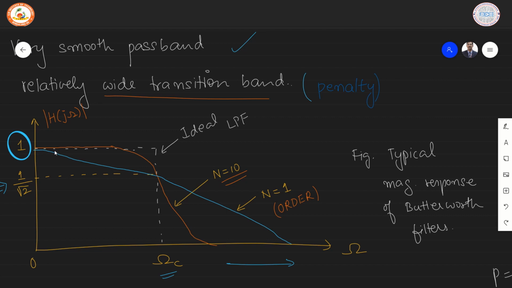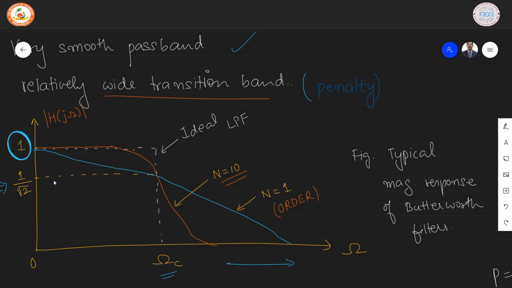For example, n is equal to 1. For first order, the response may look something like this, whereas for a higher order, that is 10, the response may look like what is shown here. So the tendency is that as the order increases, the behavior may approach that of the ideal filter. But please understand, the behavior of an ideal low pass filter can never be replicated.